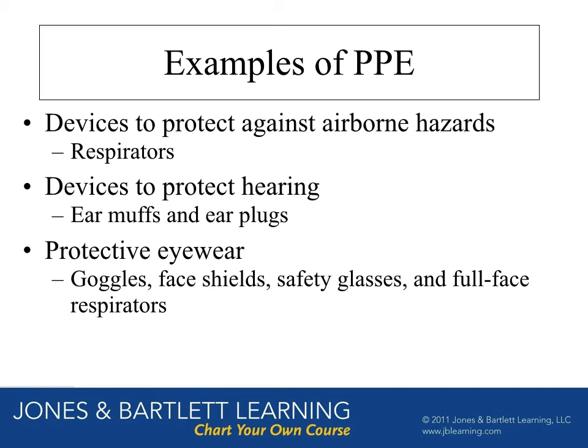We also look at situations where full body protection is required in the form of Tyvek suits or other kinds of full body protection. Again, these are all physical, designed to protect against airborne hazards and to an extent infectious disease hazards.